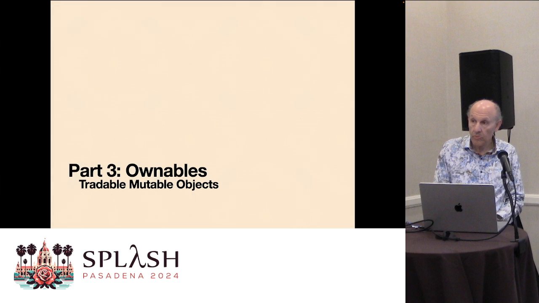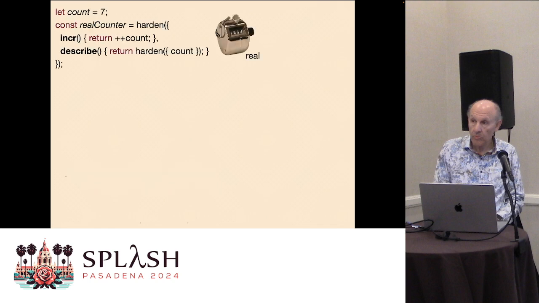So, ownables. This is where we return to the two-phase cycle. A nice, simple example of a mutable object in which the value changes with use would be a counter that can only count up. Maybe this counter is like an odometer, where the higher the number, the less valuable it is.